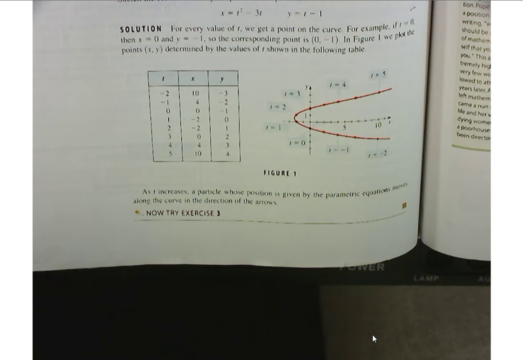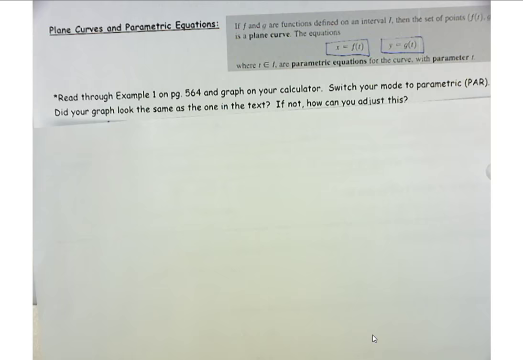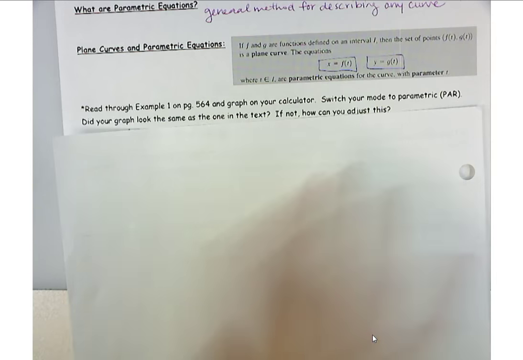So go ahead and write down your answer to those questions. Did your graph look the same as the one in the text? No, it didn't. And then how did we adjust it? In your own words, just write how we adjusted that.